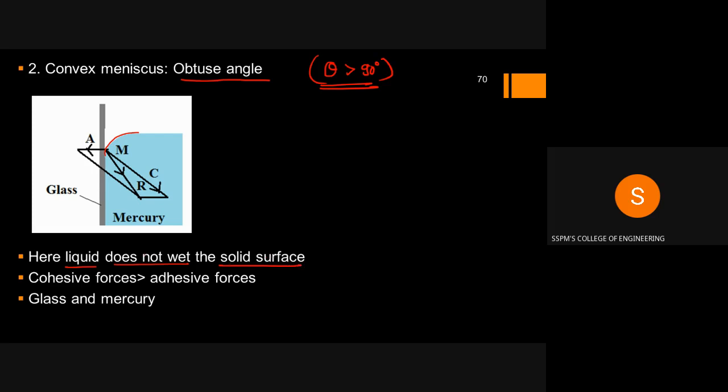So in case of obtuse angle liquids, the cohesive forces are always greater than the adhesive forces. So here Fc is greater than Fa. And the example is the contact between glass surface and mercury. So this is about the convex meniscus, which is the obtuse angle.